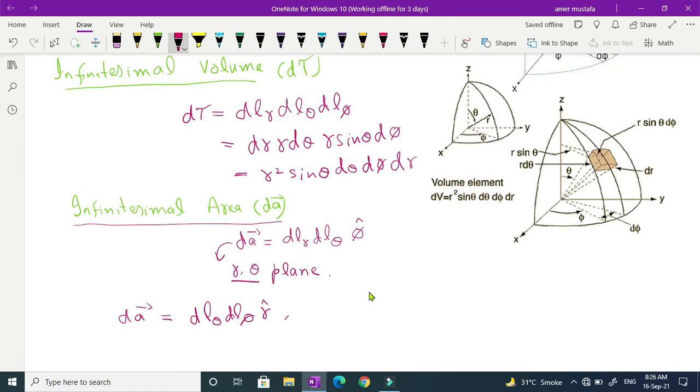In this case theta and phi are the variables in this plane, and r is the constant.